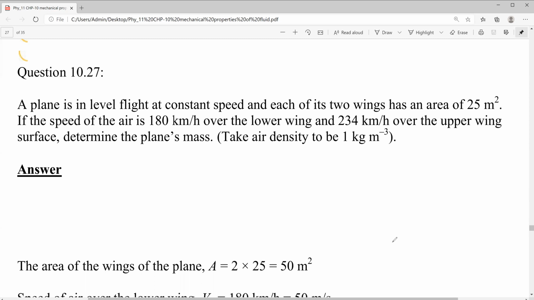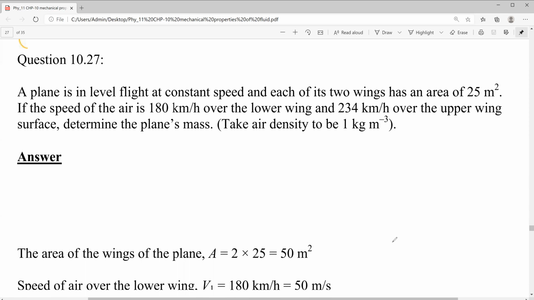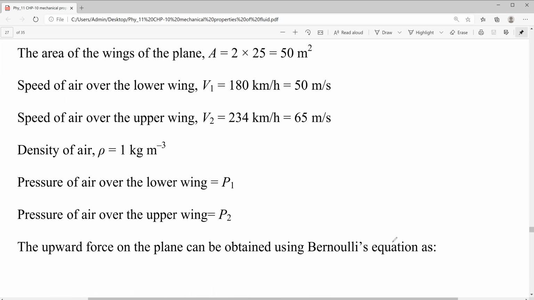So read the question, try to understand that one, and from the question what they have given. So area of the wing A is equal to 2 into 25, therefore 50 meter square we got. Speed of air over the lower wing we consider V1 is equal to 180 kilometers per hour. If we convert into meter per second, we got 50 meters per second.